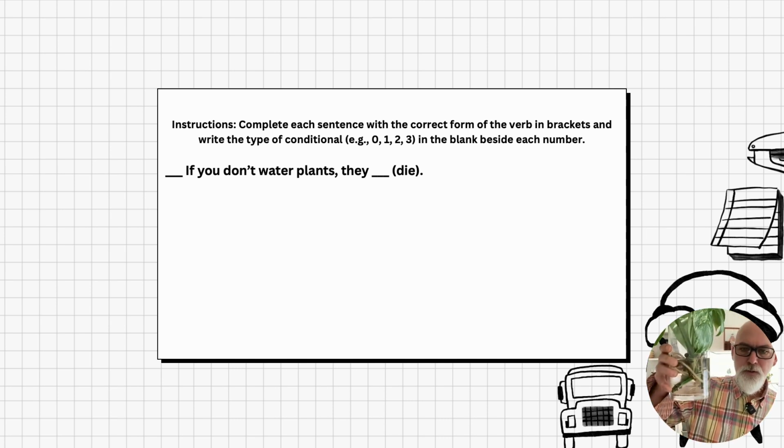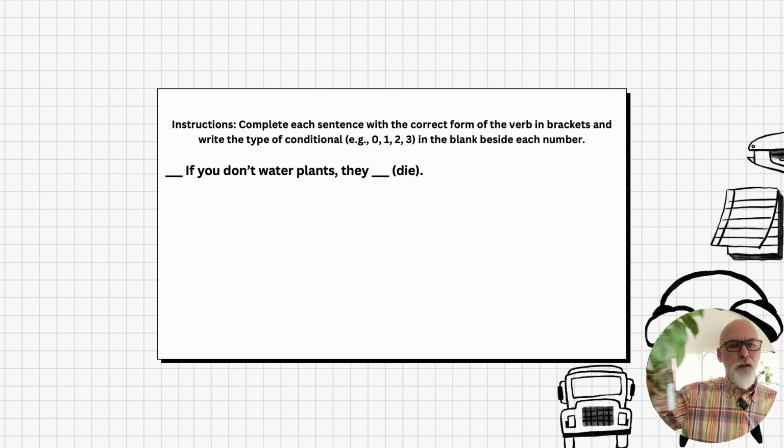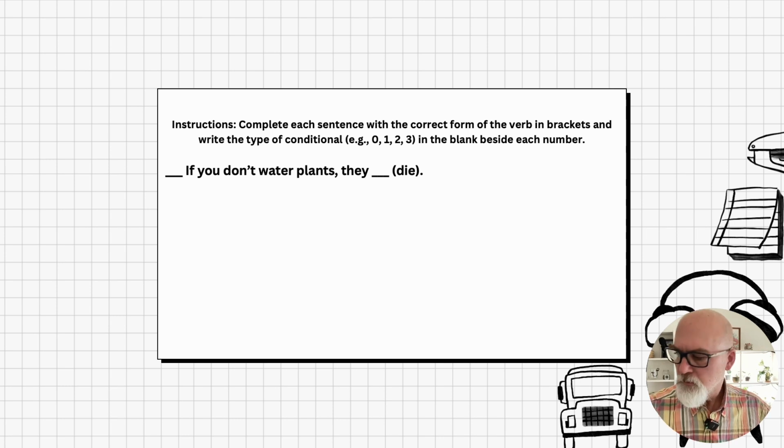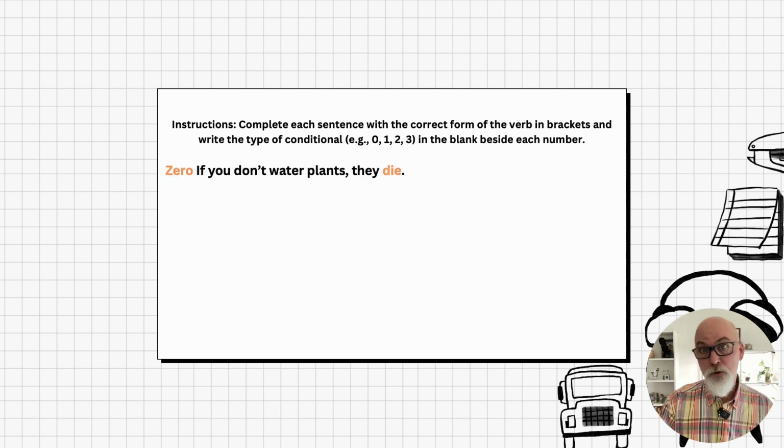That plant has water. If you don't water plants, what happens to them? They die. Zero conditional, yeah? Zero conditional. If you don't water plants, they die. Present tense, present tense.